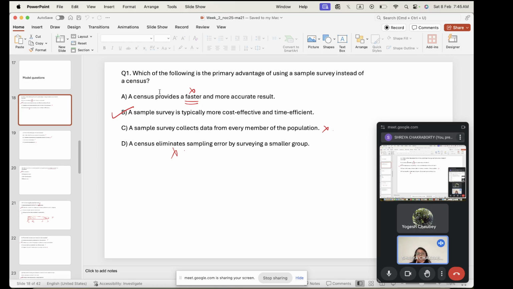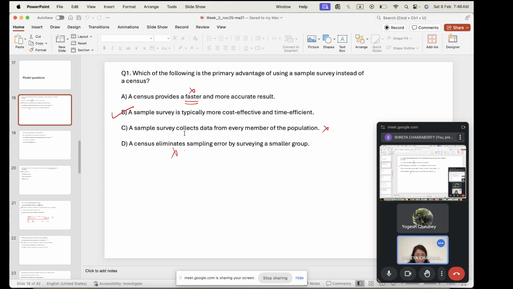So this was the question: which of the following is the primary advantage of using a sample survey? Out of these four answers, this one suits it best. The other is wrong because census is not faster, even though it provides more accurate results, and a census is time consuming because the complete population has to be surveyed.